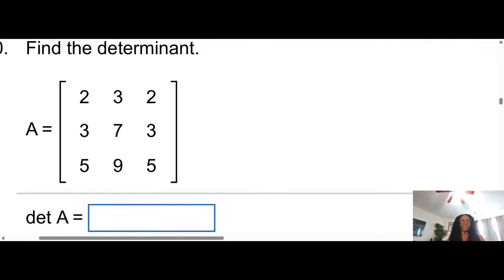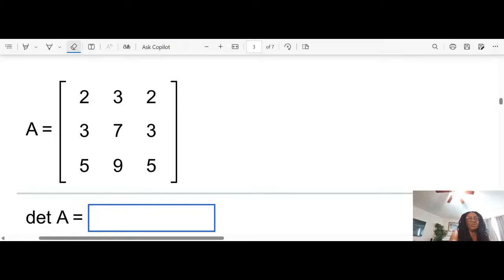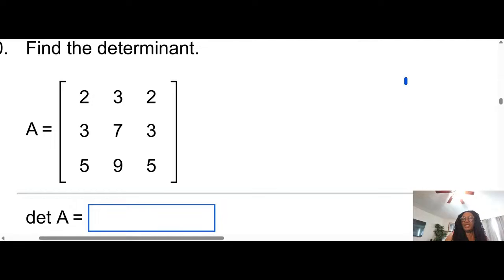So the first thing I want to do is put in the matrix of signs. So I'm going to start plus, minus, plus, minus, plus, minus, plus, minus, plus.